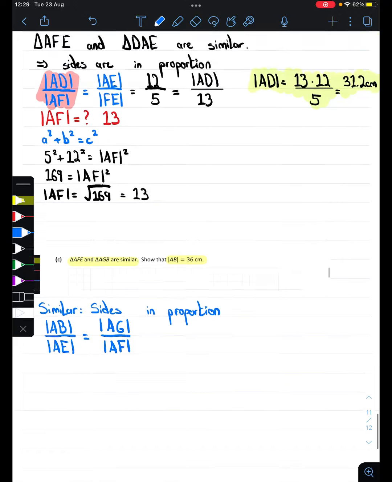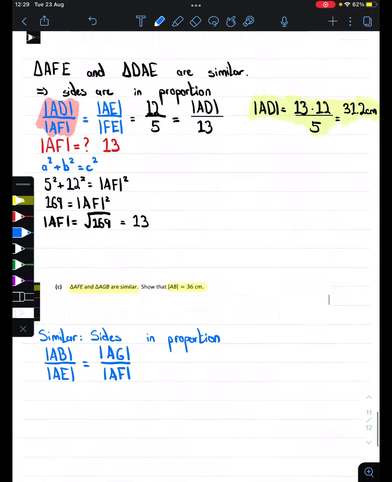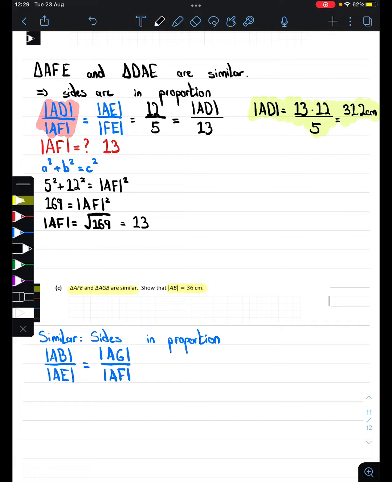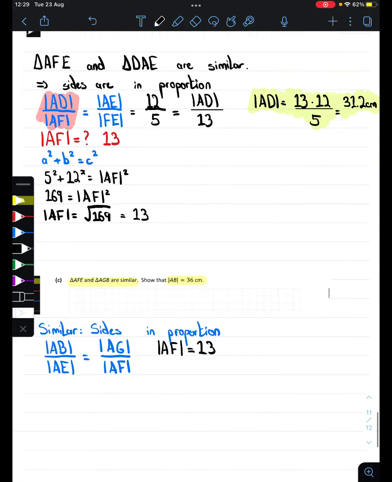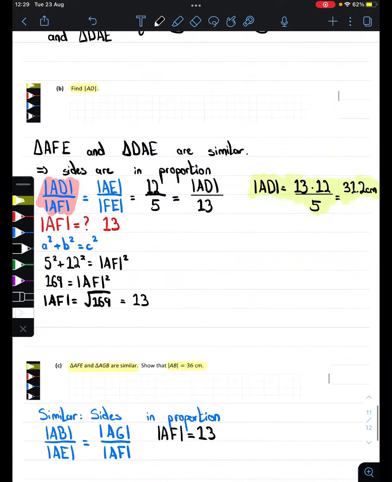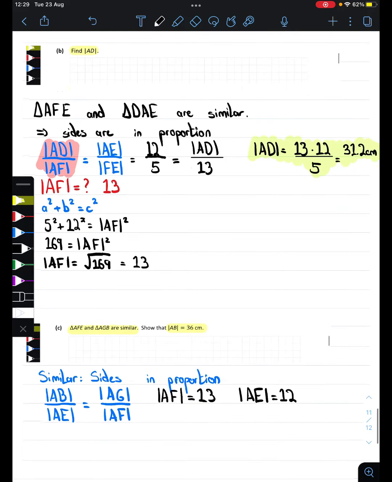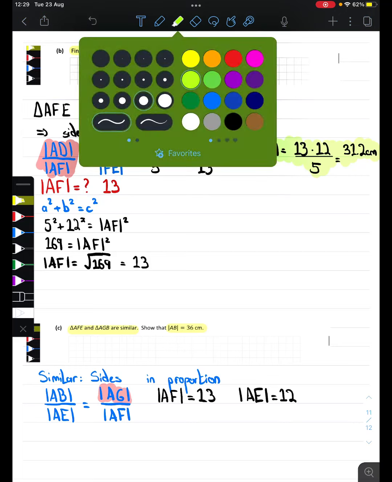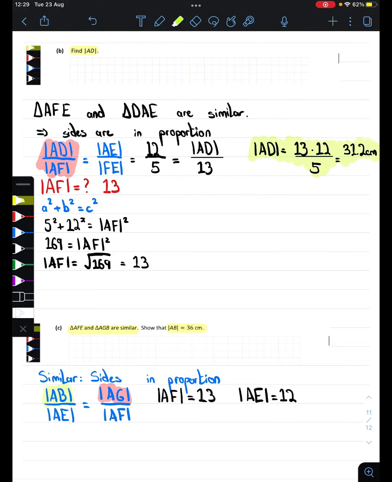Okay, and so we know what AF is, we just found it. AF equals 13. We know what AE is, it's 12. And that just means we have to find AG, and then we can find what we're looking for, AB.